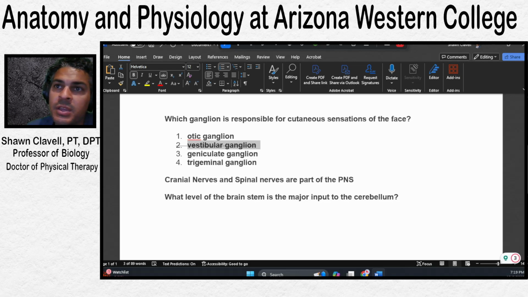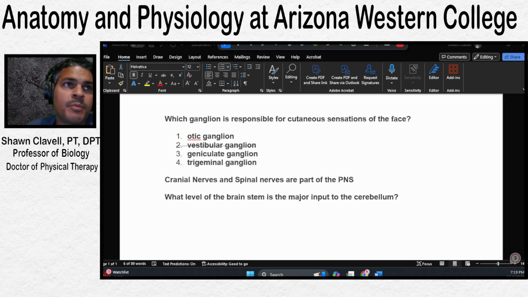So the geniculate and the trigeminal ganglion, and then the otic ganglion is a parasympathetic. It's one of the 4 parasympathetic ganglion of the head or face.